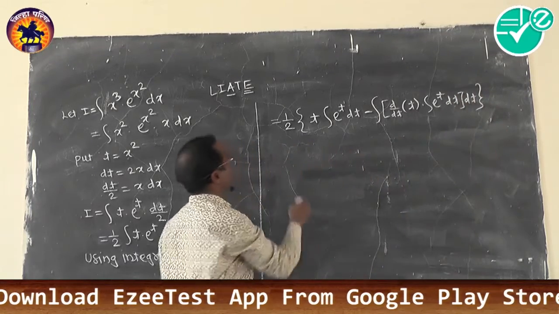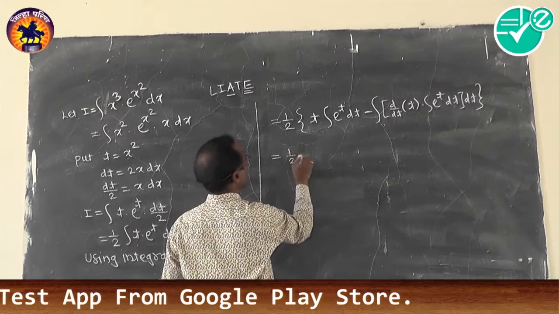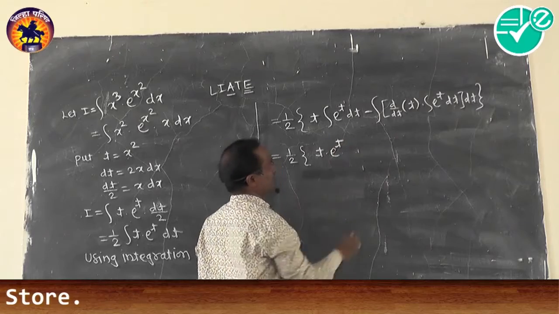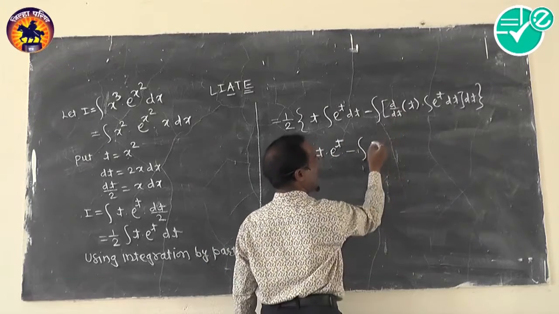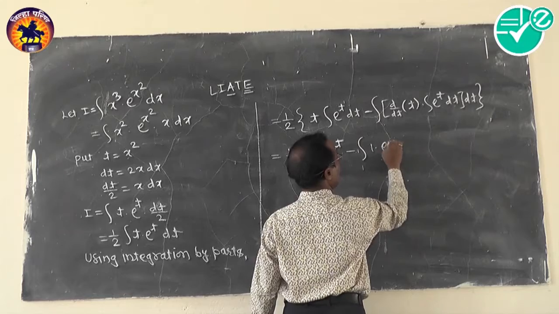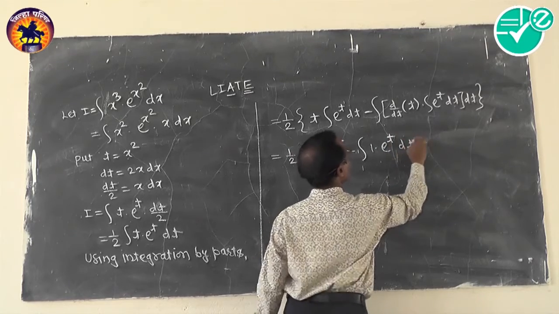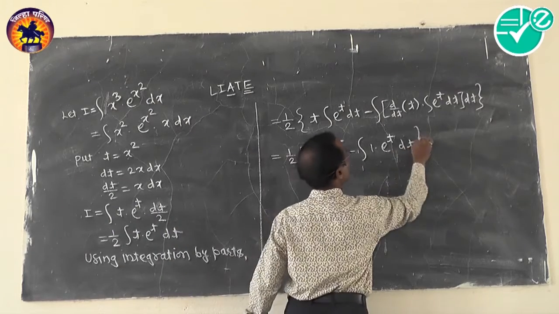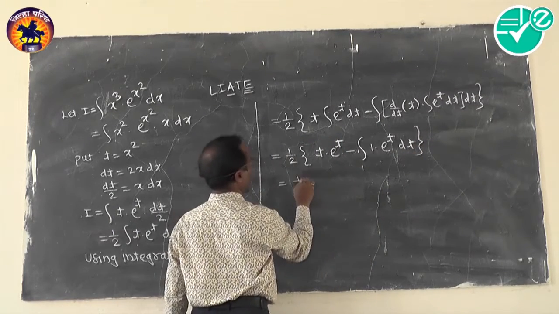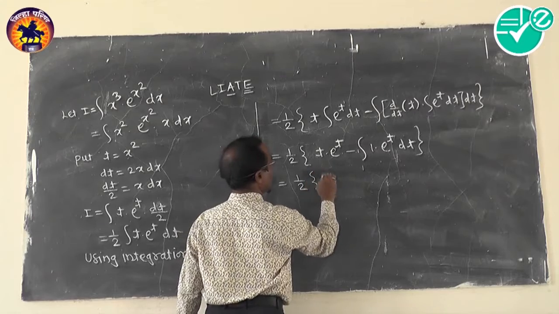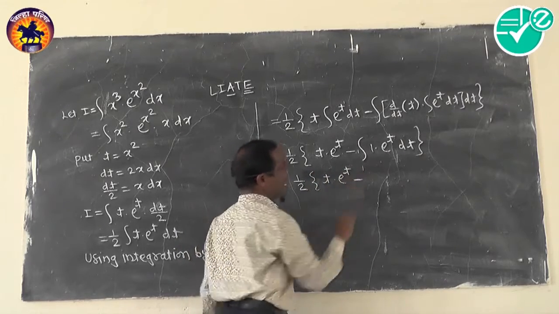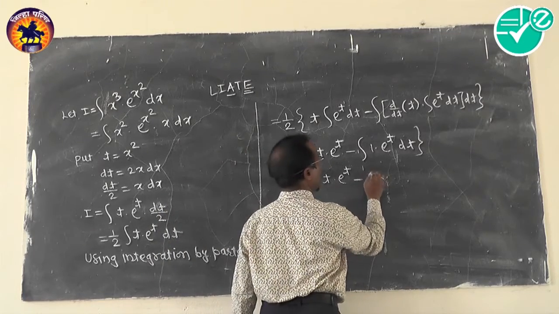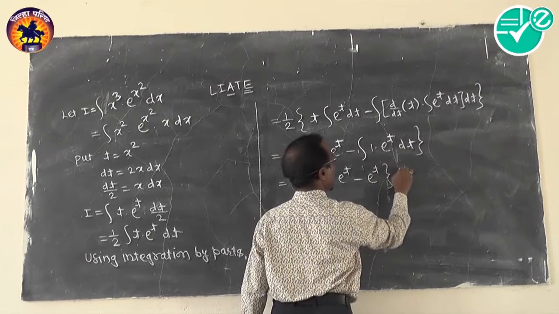So we get 1 by 2 into t into integral of e raised to t, which is e raised to t, minus integral of derivative of t with respect to t, which is 1, into e raised to t dt. Integral of e raised to t dt is e raised to t. So we get 1 by 2 into t into e raised to t minus 1 into e to the power t, and integration of e to the power t is e to the power t, plus c.